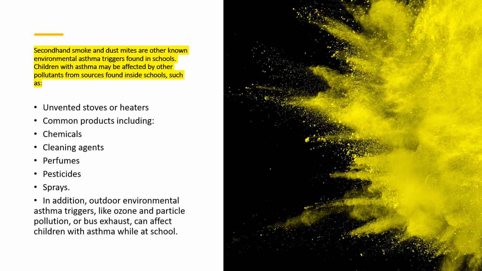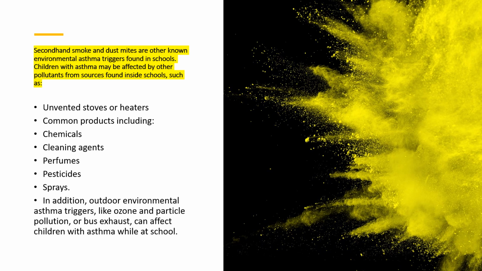So even though we encourage exercise for asthmatics, we have to be very careful that the place where the exercise is being done is not also a source of enhanced triggers. And there are ozone alert days.